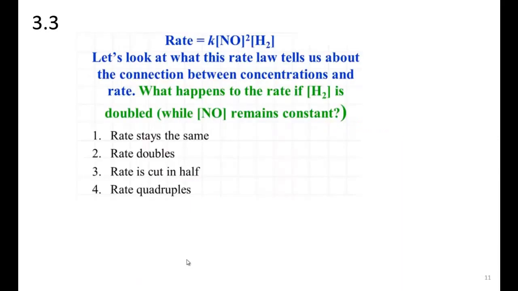Okay, so let's take a look at what a rate law tells us. Here we have this rate law. What happens to the rate if NO is doubled while H2 remains constant?